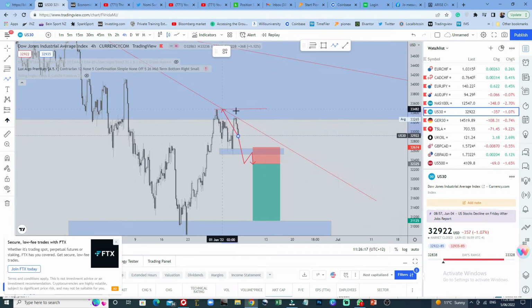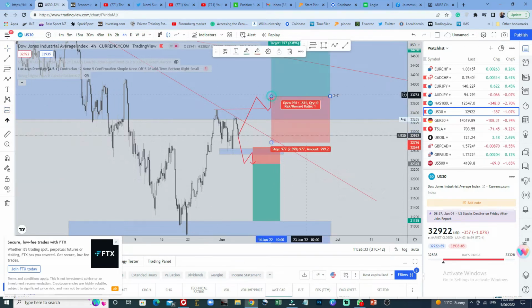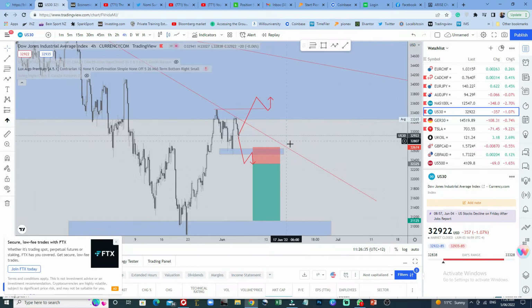Break through this point of interest, retest this, and give me a bullish candlestick to confirm that retest. Then I will take a buy to the upside. So whichever way, that's how I'm going to trade US 30.